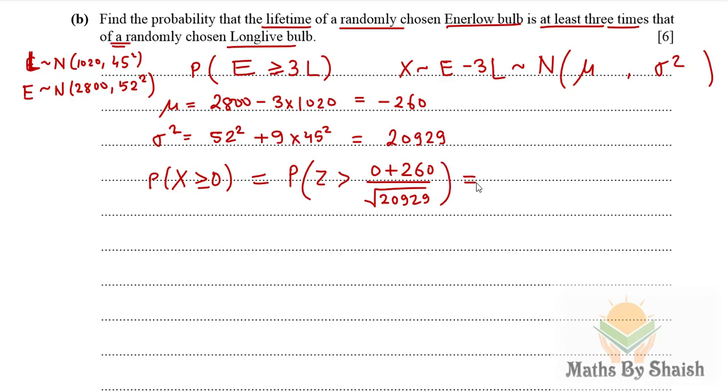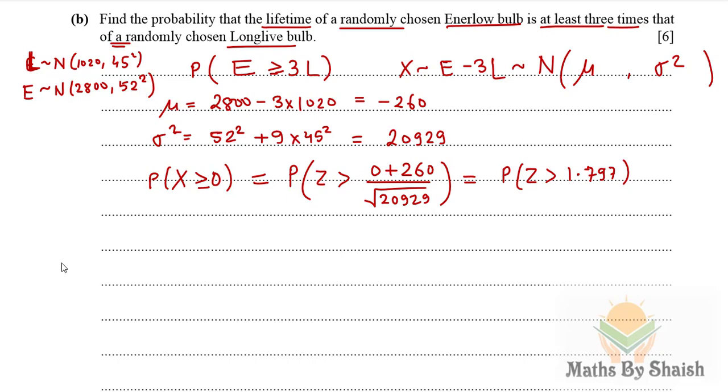Now we will calculate this, 260 over the square root of this, and this value is coming, probability of Z greater than 1.7972, so it is 797.